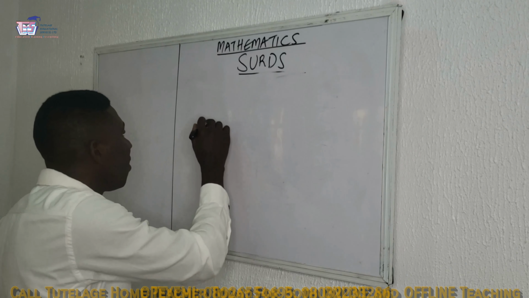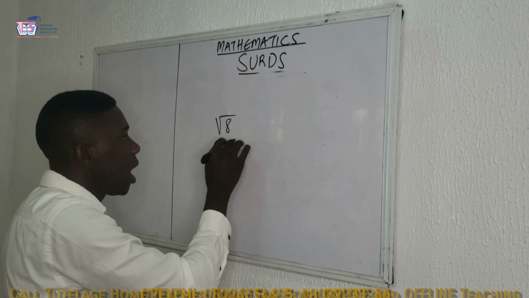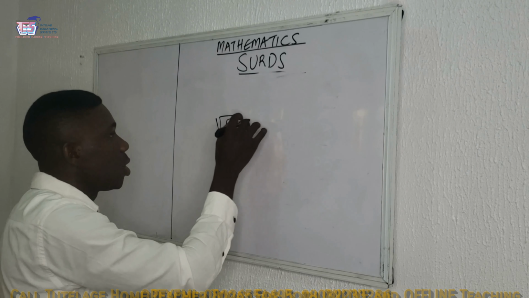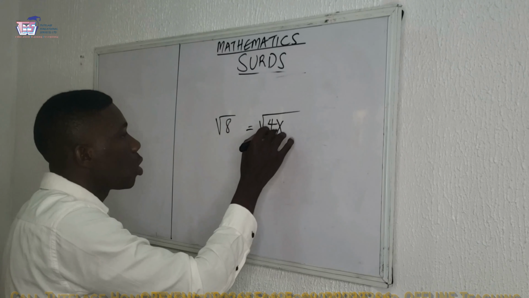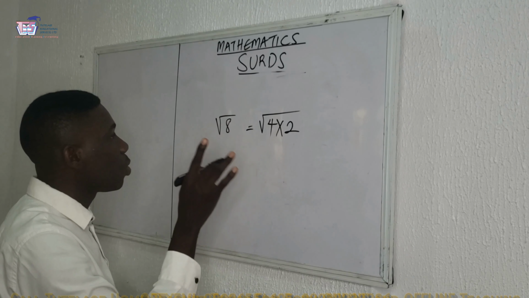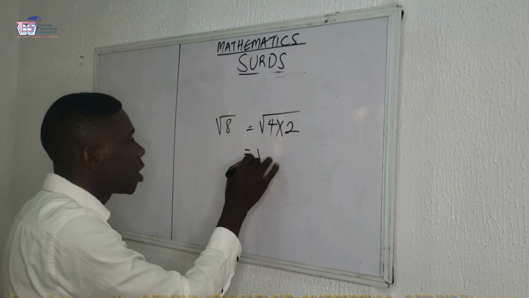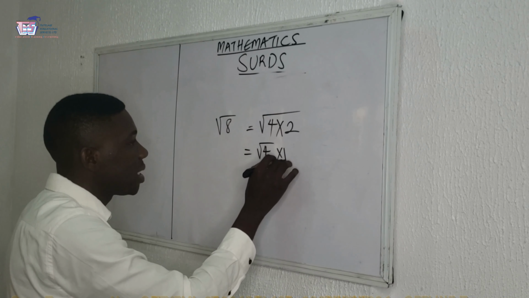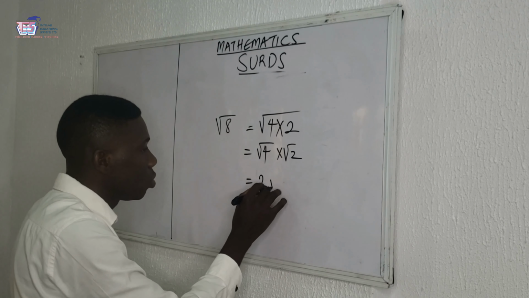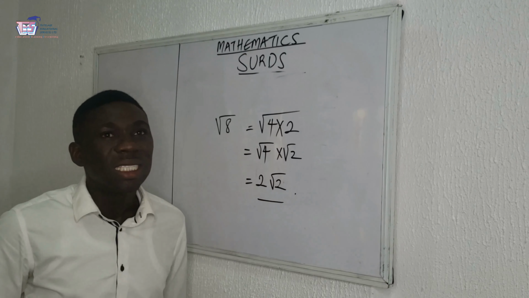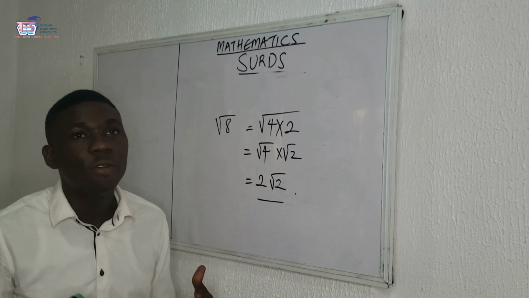So for example, if I have the root of 8, 8 is not a perfect square, so it can be written in surd form. I express 8 as a product of its factors and make sure that one of the factors is a perfect square. So root of 4 times root of 2. So square root of 8 is 2 root 2. This is just the introduction of surds.